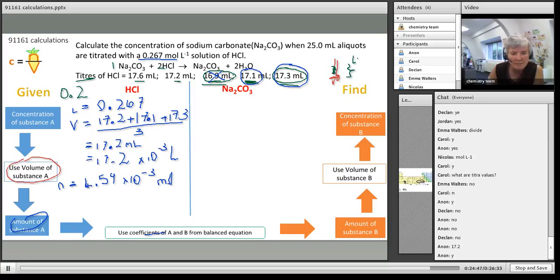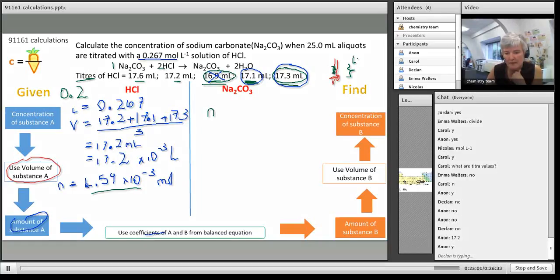Now remember, this is HCl, so I've got twice the amount of HCl. So am I going to have a smaller amount of n for sodium carbonate or a bigger amount? Smaller, because I only have half the amount of HCl. So it's going to be a half. I now divide by 2 and not multiply.